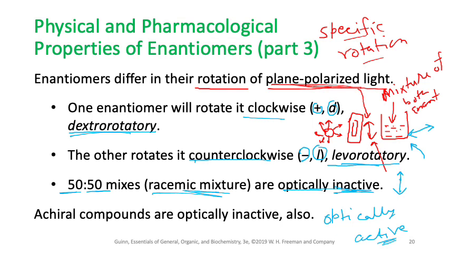That's why it's active. That solution is working. But if it's a racemic mixture, the enantiomers are still working, but the net effect is 0. That means the solution is optically inactive. And achiral compounds are optically inactive because achiral compounds don't have any enantiomer, right? They don't have a non-superimposable mirror image. That's why they are optically inactive too.